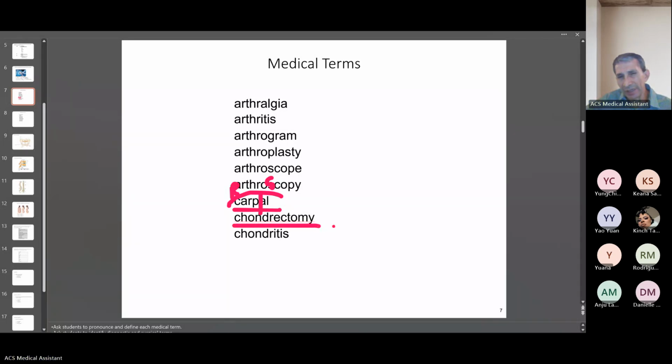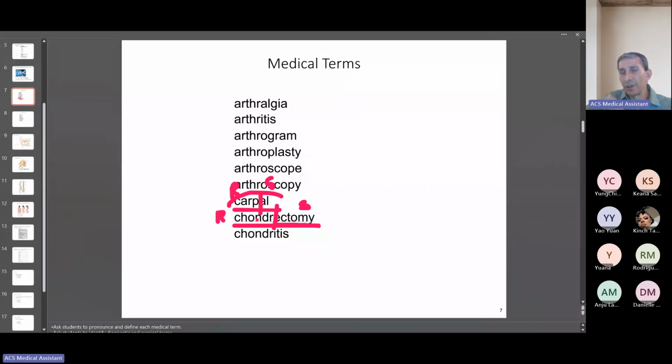Chondrectomy. Ectomy is the suffix. Now here, we're not going to have the o, chondro. Why? Because the suffix starts with a vowel, e. So we don't need another vowel. Chondr is the word root. Chondr means cartilage.